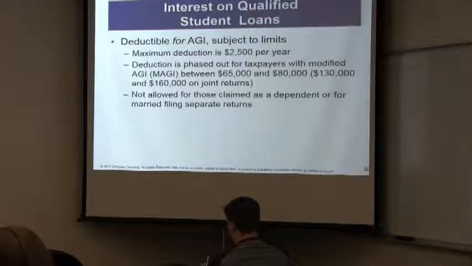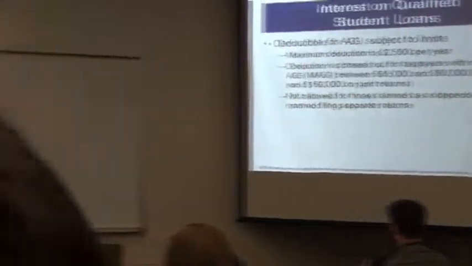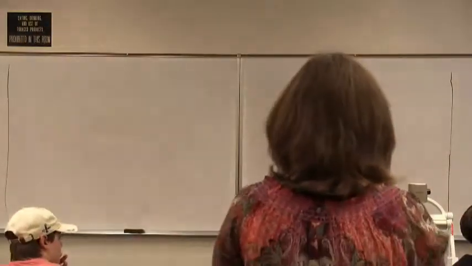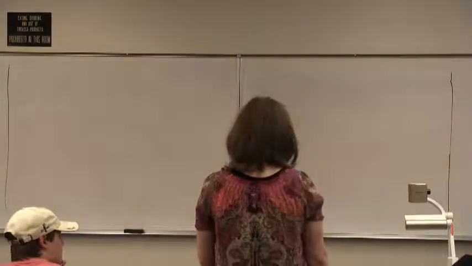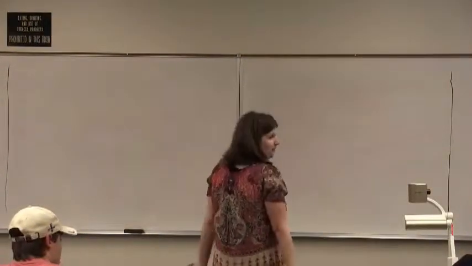So what happens if we're going to do a problem? What happens if your adjusted gross income, and you're married filing jointly, is greater than 160? What happens? You don't get a deduction. That's right, you don't get anything, right?